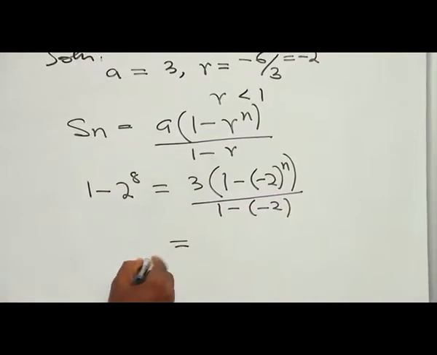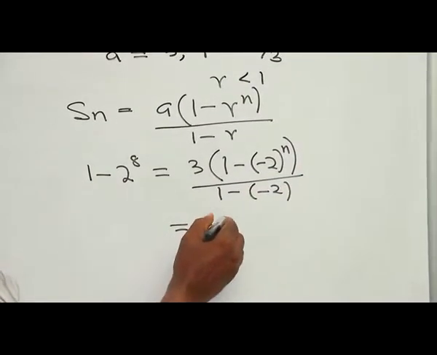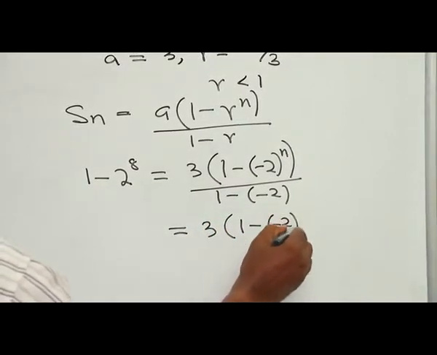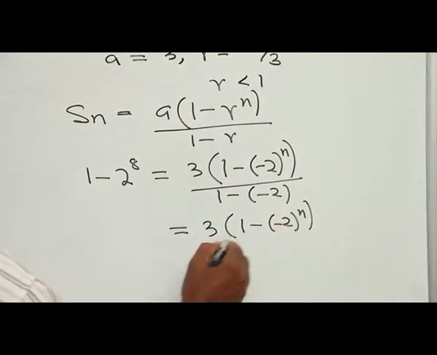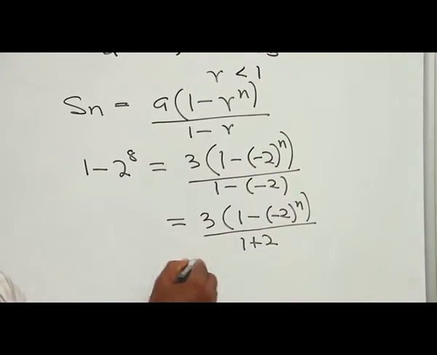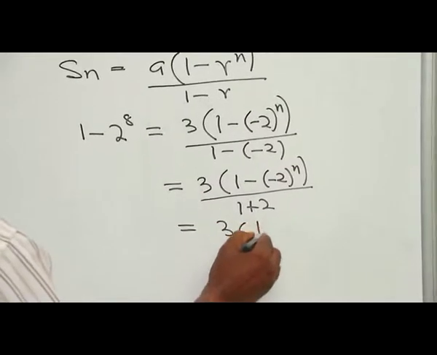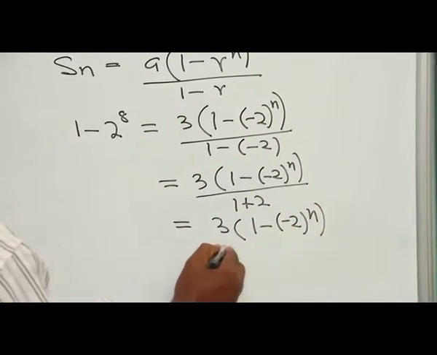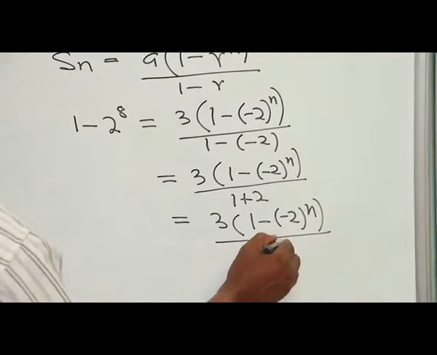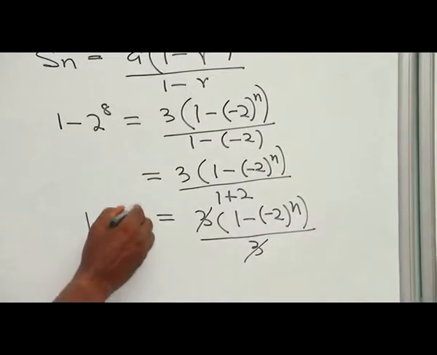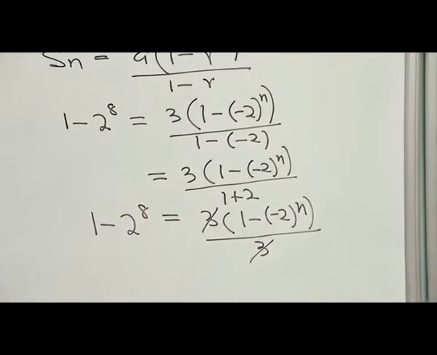So that this will be equal to 3 into 1 minus 2 raised to power n all over 1 plus 2, which is 3 into 1 minus 2 raised to power n, everything here over 3. This and this will cancel. You still remember that we have this to be equal to that.